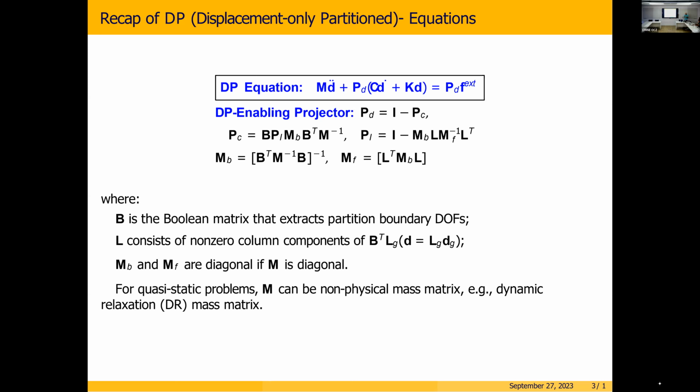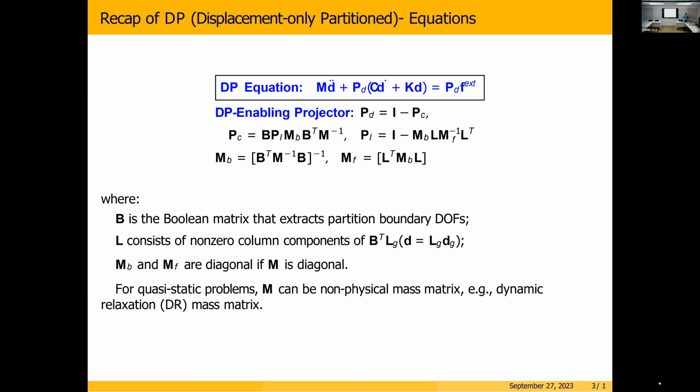Okay, but in your code, what you will see is for global nodes, you have this global node number. There's an element number, and there's a nodal number over here. And for each element number, how this element is connected to the degree of freedom.